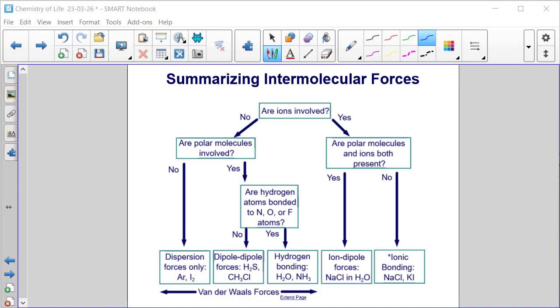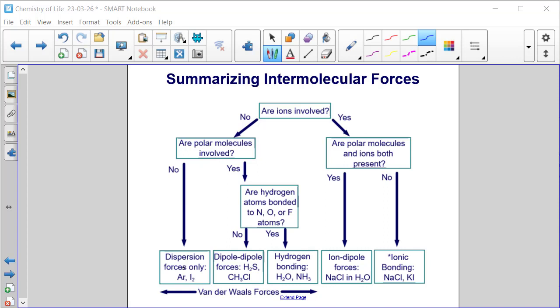Summarizing intermolecular forces. So first ask, are ions involved? If yes, are polar molecules and ions both present? If not, we're talking about ionic bonding. If yes, we're talking about ion-dipole forces. If there are no ions involved, then ask, are there polar molecules involved?